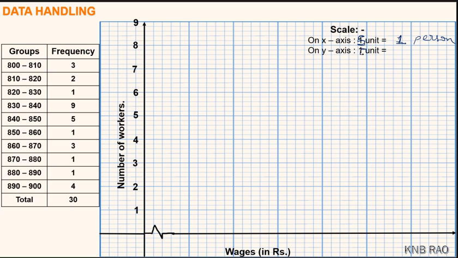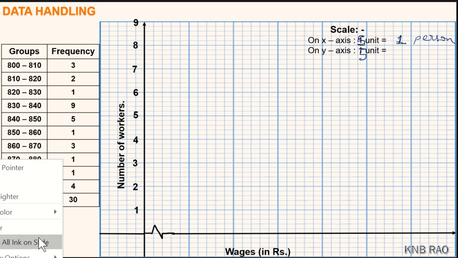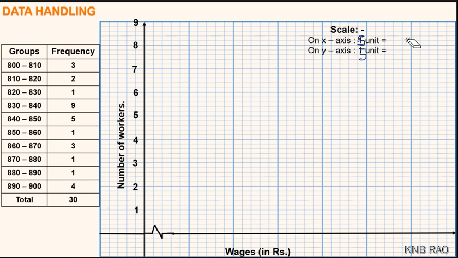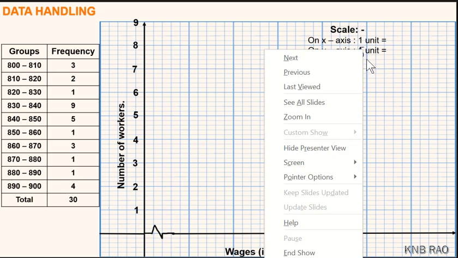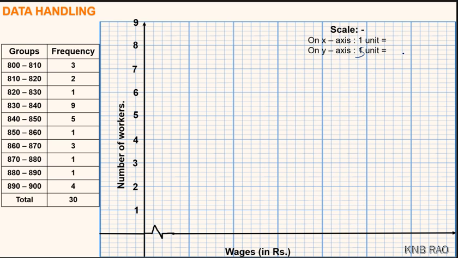On the y axis, let me wipe out anyway, I will use the eraser. Yeah, now going back to the pen, on the y axis 5 units equal to 1 person for better visualization, and whereas here 0 rupees and I am taking up to here 800.